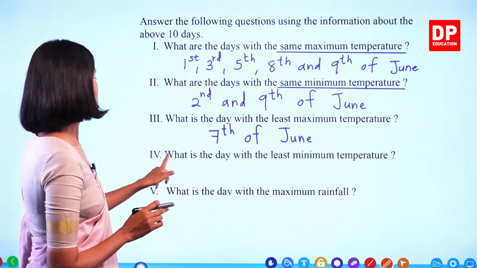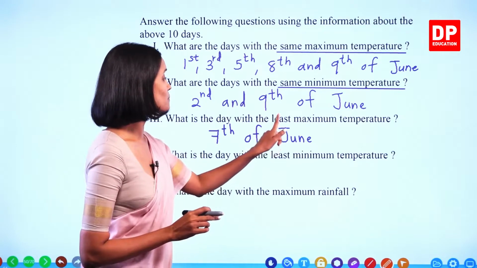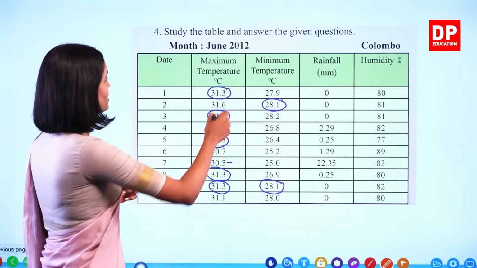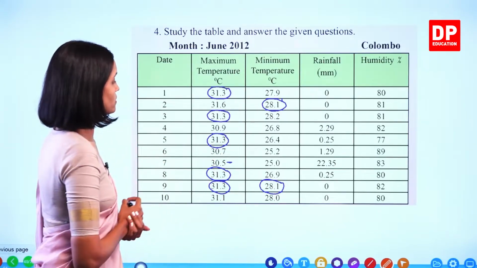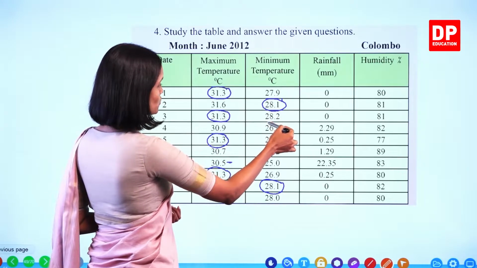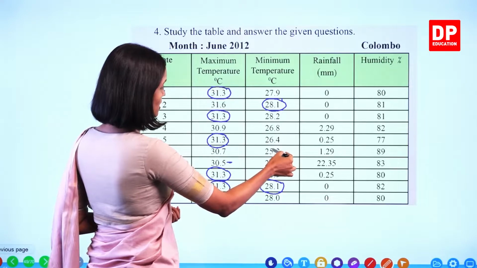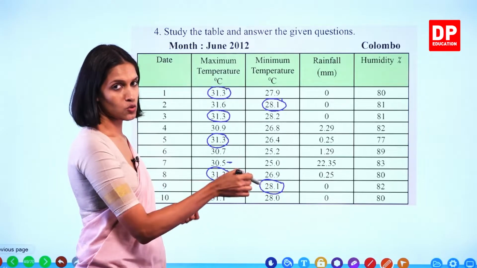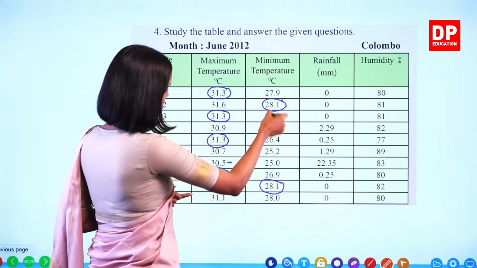Right? What is the day with the least minimum temperature? Let's go see. Minimum temperature, the lowest one we have to find. 27, 28, 28, 26, 26, 25, 25, 26, 28, 28. 25 are the least.